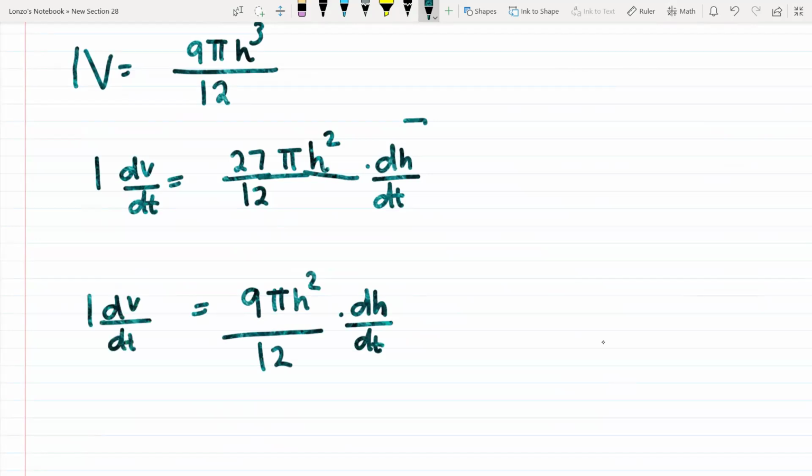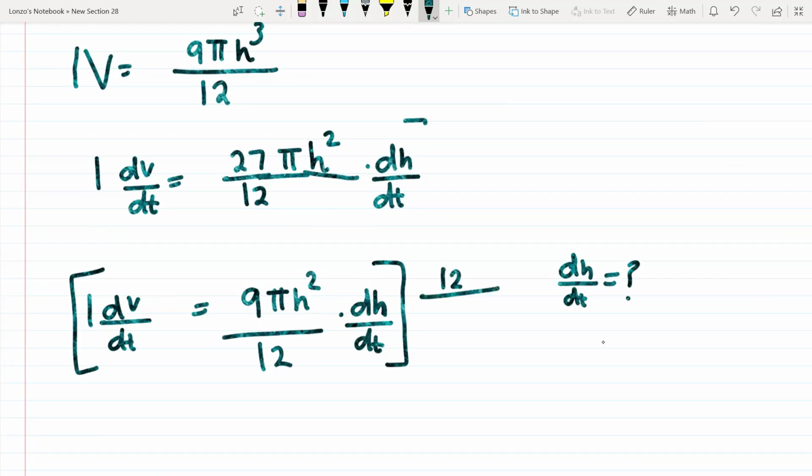Okay, so your goal is to solve for dh dt. How would I do this? Well, I could get rid of this whole thing, 9 pi h squared over 12, by multiplying both sides by the reciprocal of this. So what's the reciprocal of 9 pi h squared over 12? It would be 12 over 9 pi h squared.